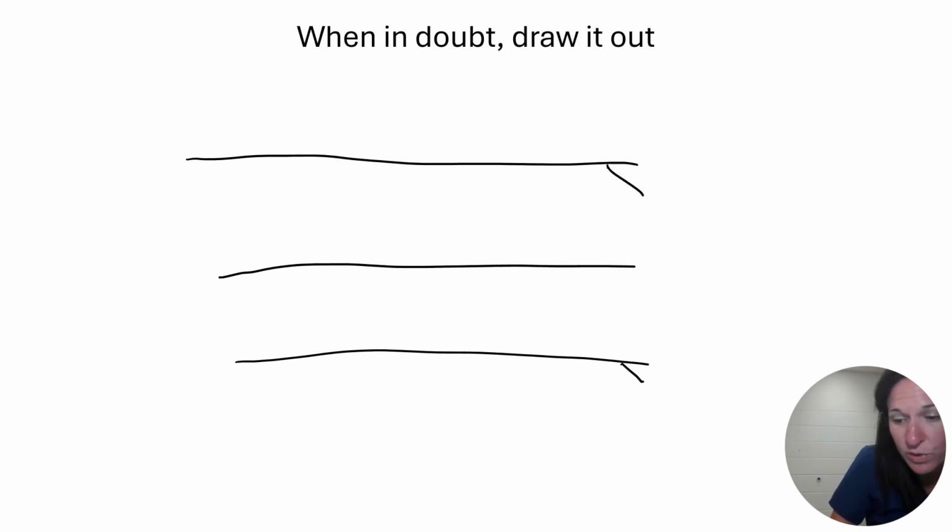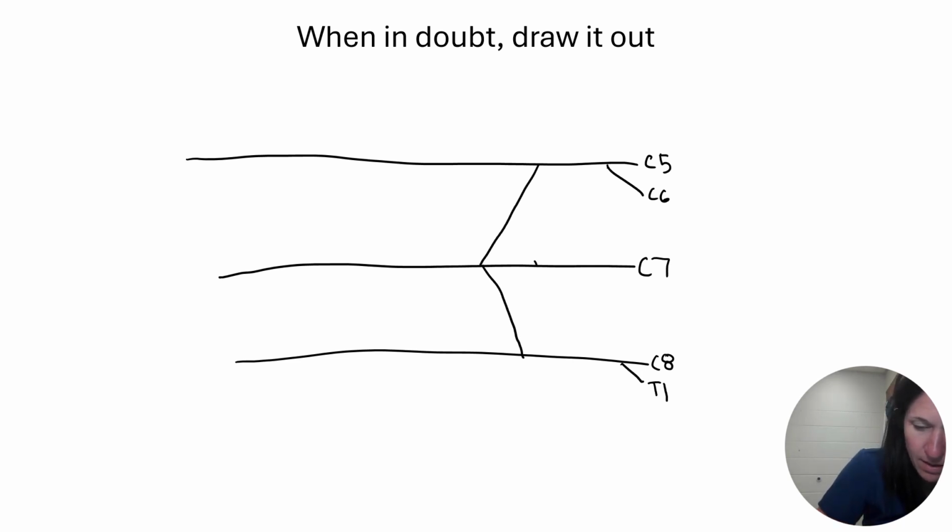And we have our roots, which we know: C5, C6, C7, C8, and T1. Then we make Pac-Man with an X, and the same thing, but past the line.